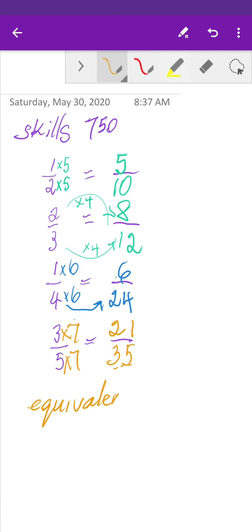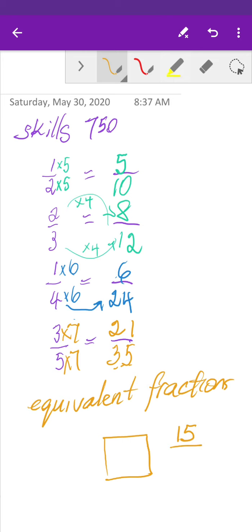And it's useful if you have to find which fraction is smaller and which fraction is bigger. So if you have something like 15 over 28, and you have 2/7, and you want to say, well, which is smaller?